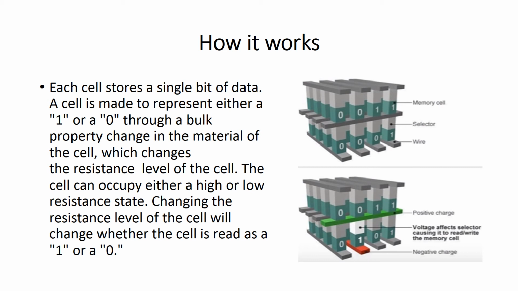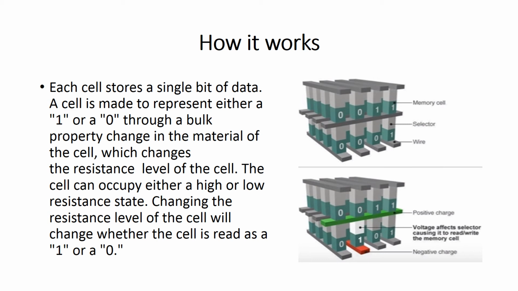Read and write operations occur by varying the amount of voltage sent through the selectors. For the write operation, a specific voltage is sent through the wires around the memory cell and selector. This activates the selector and allows the voltage to go through the cell to initiate the bulk property change.